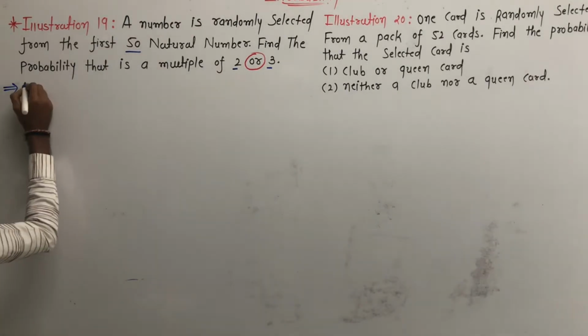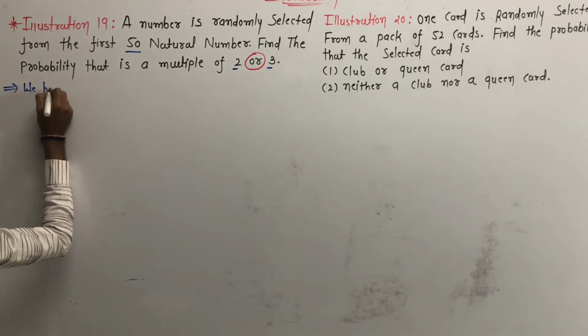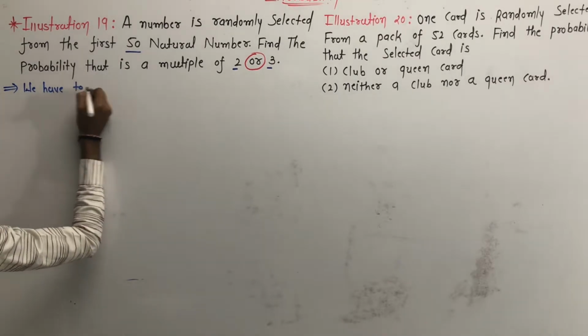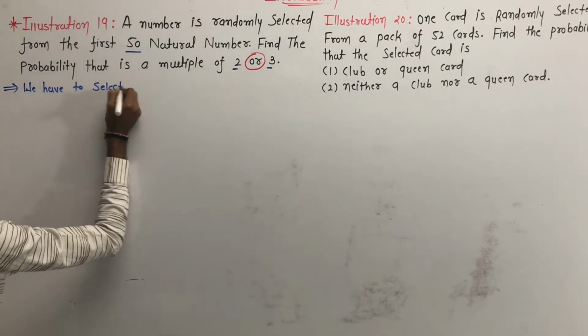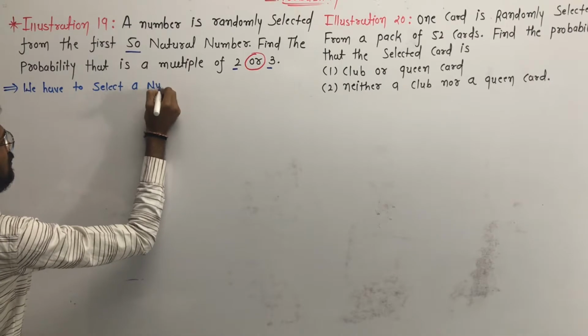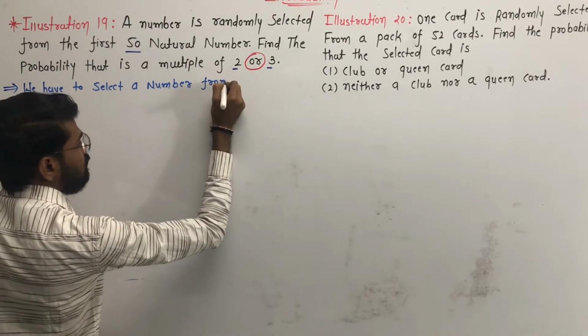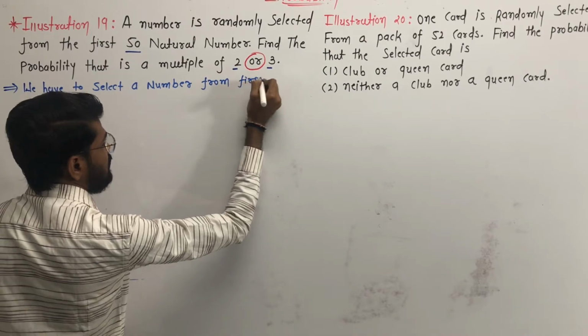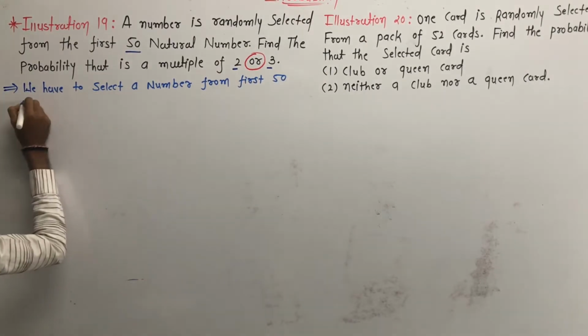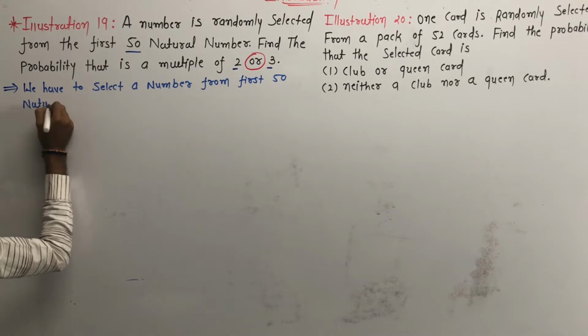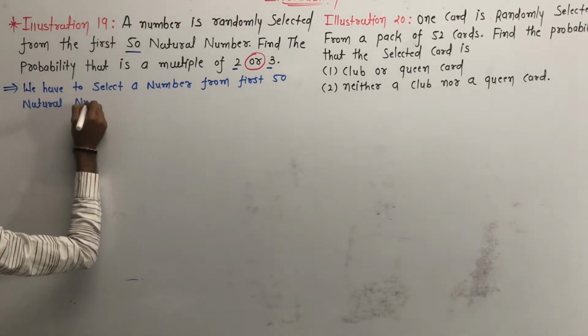We have to select a number from the first 50 natural numbers.